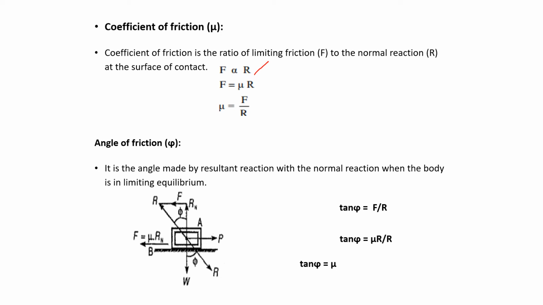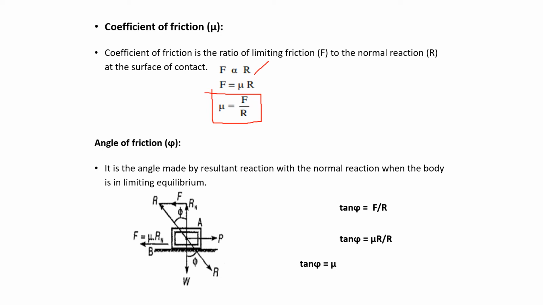So mu is equal to F upon R. Coefficient of friction is mu and its formula is F upon R. And remember, coefficient of friction for smooth surfaces is 0.